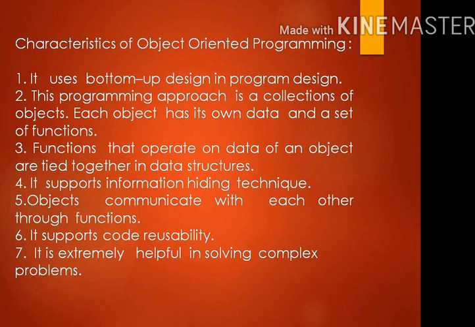Number 2, this programming approach is a collection of objects. Each object has its own data and a set of functions. Number 3, functions that operate on data of an object are tied together in data structures.